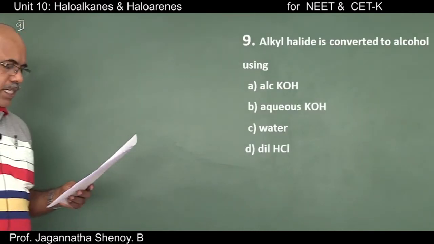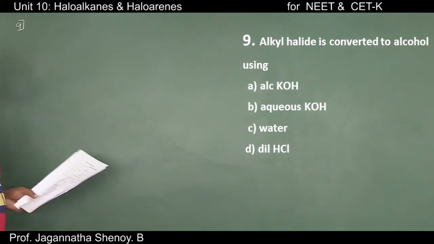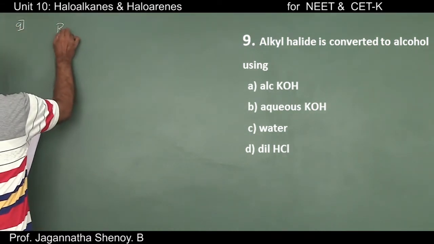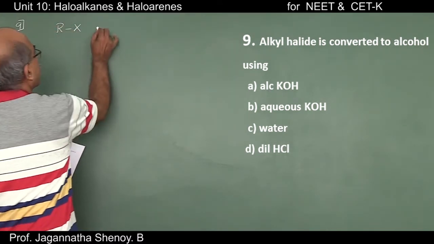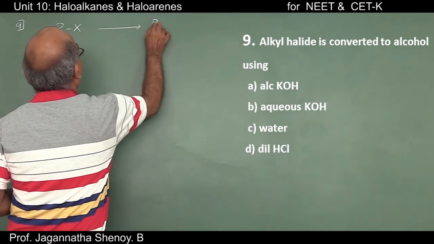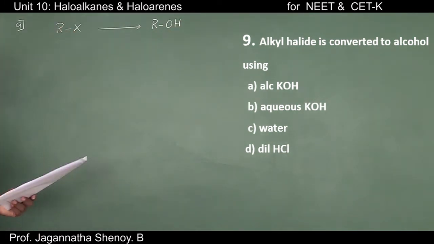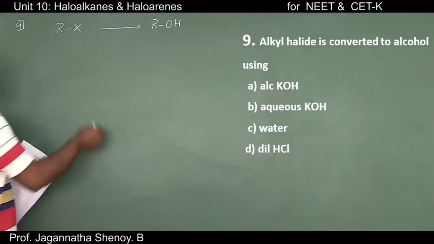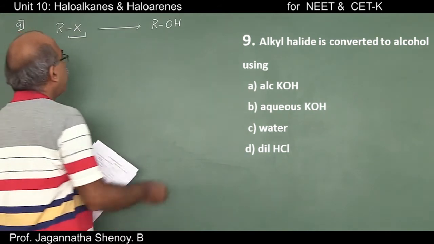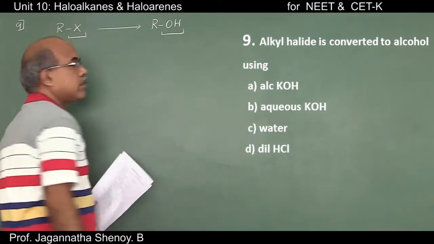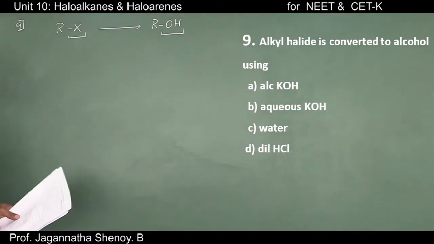Alkyl halide is converted to alcohol using. So I have to start from alkyl halide RX. My aim is to convert this into alcohol ROH. For this, I need to replace the X group by the OH group. We can use various reagents for this conversion.